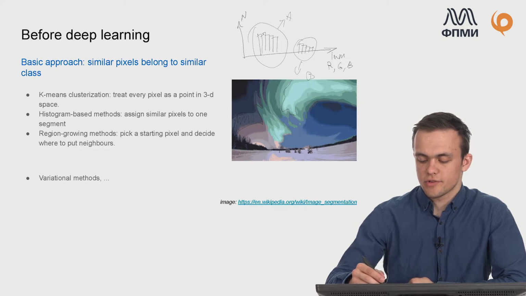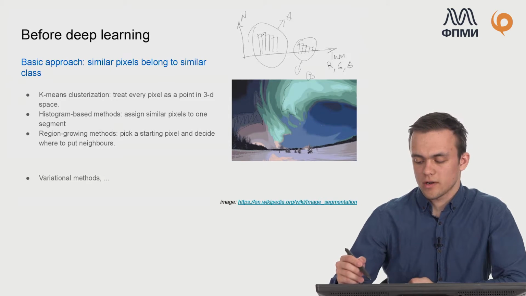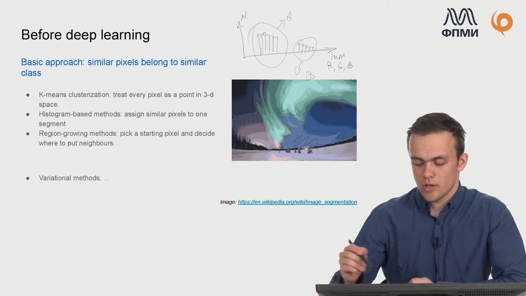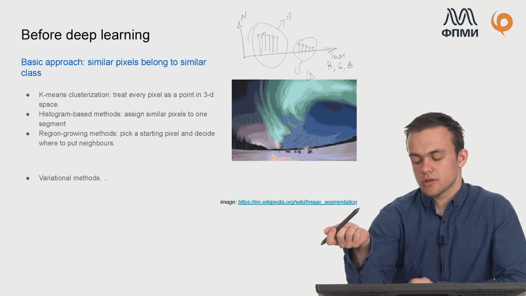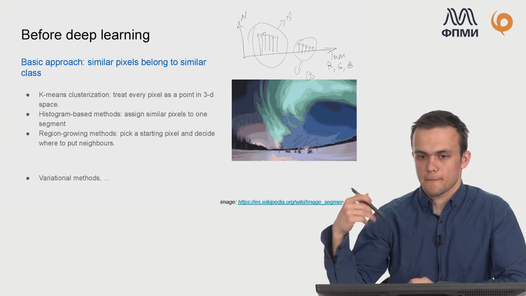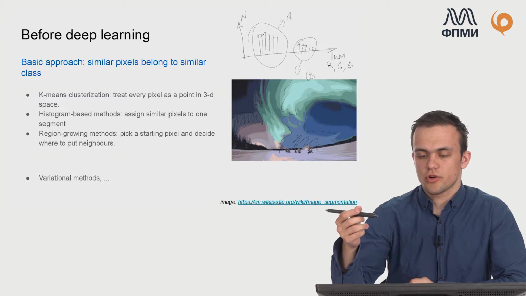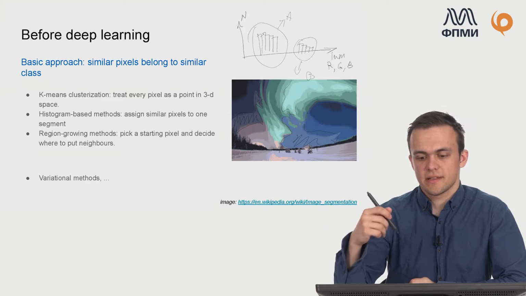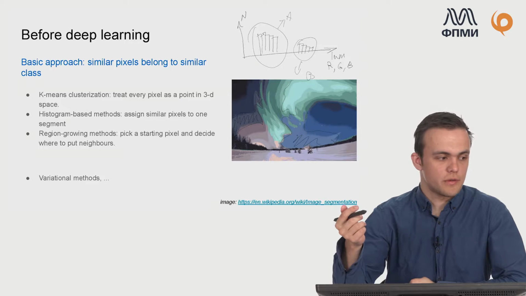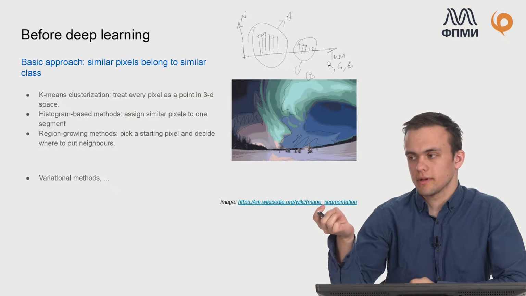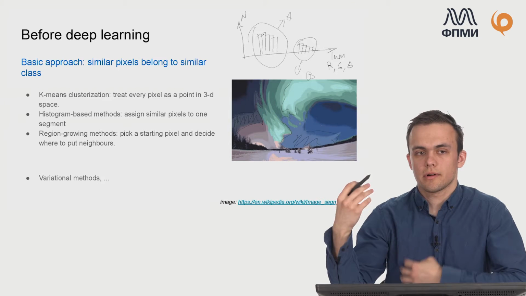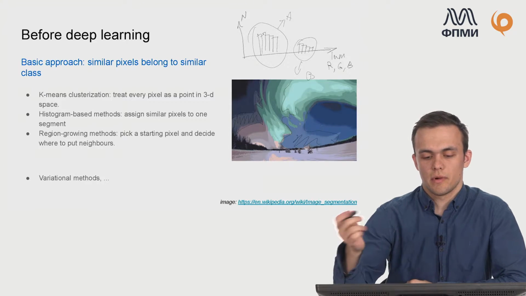So this is considered one class, and, for example, this is considered another class. Yeah, these methods are not very useful because you can't distinguish different classes that are the same color. If you try to find, for example, a green ball on green grass, you will never obtain good results.